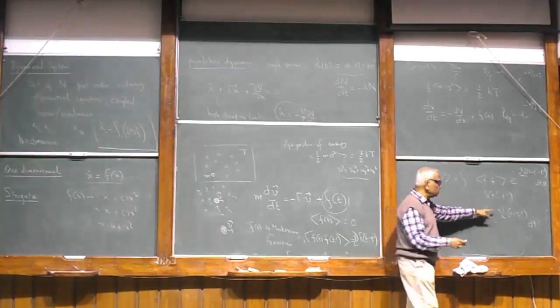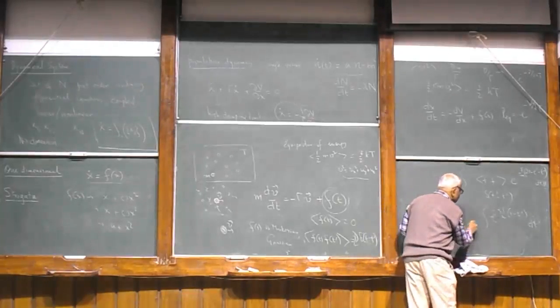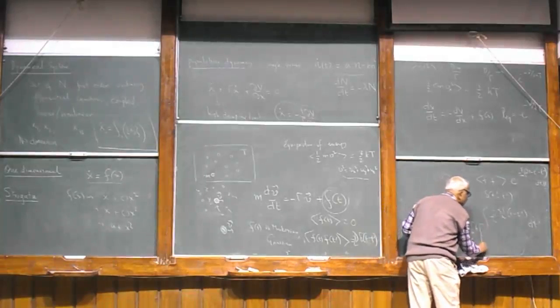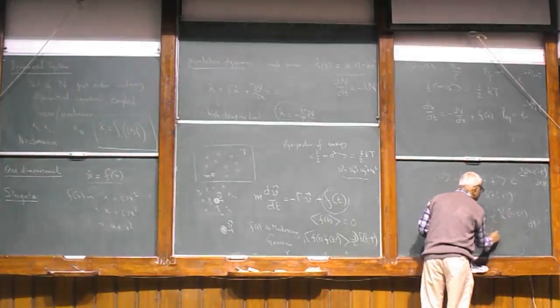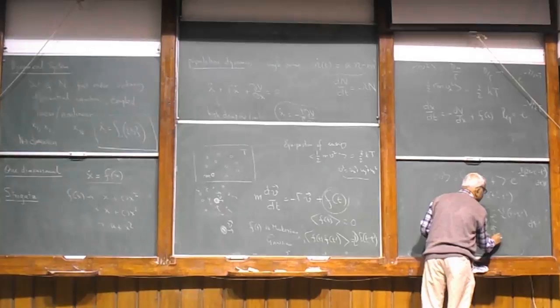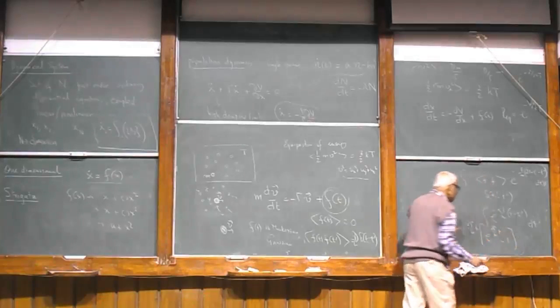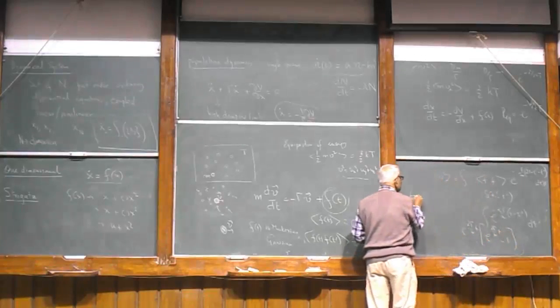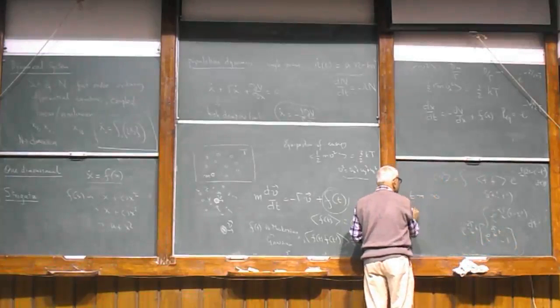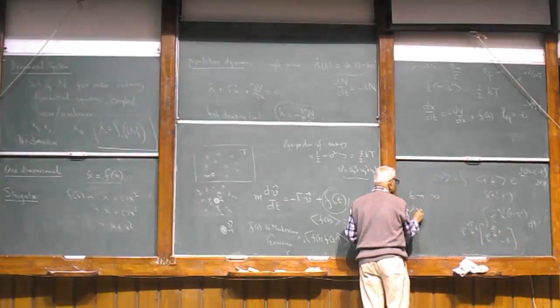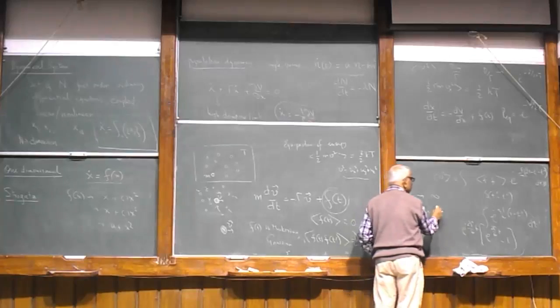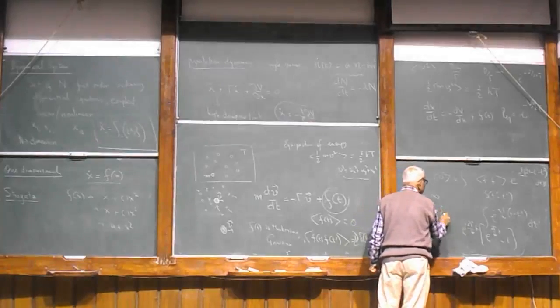That's what gives rise to e to the power minus 2 gamma m over t into the e to the power 2 gamma over t minus 1. And if I wait till t tending to infinity, then v square average eventually settles down to kt over m.